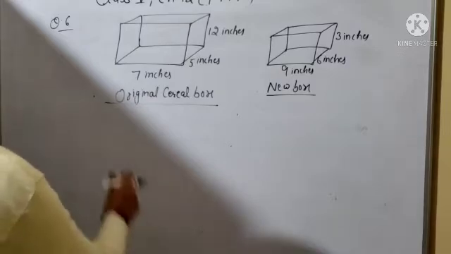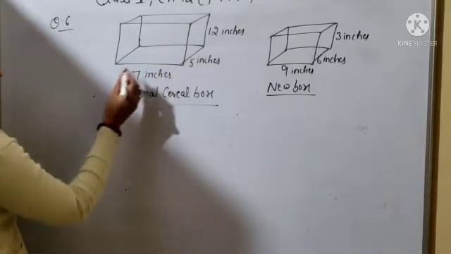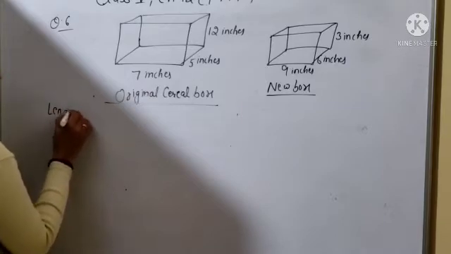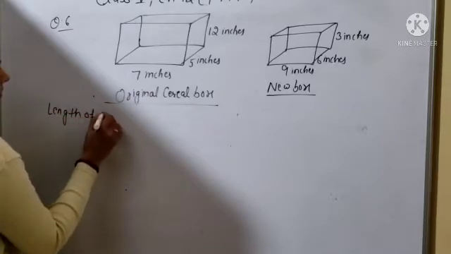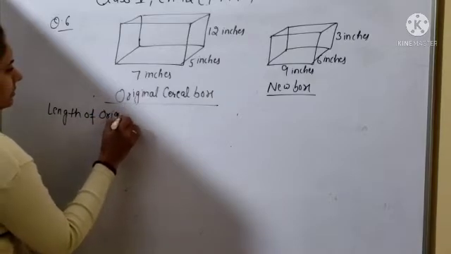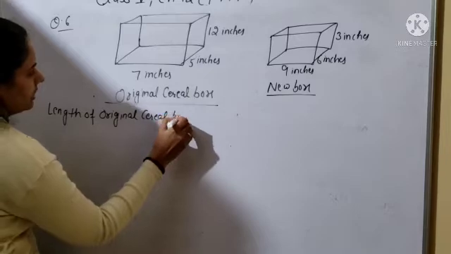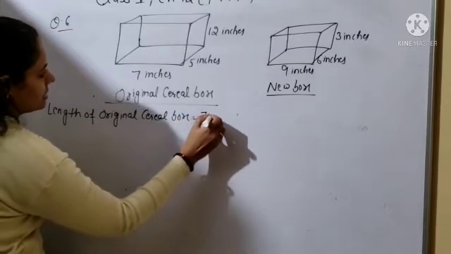Okay. So first of all, you will find out the volume of the original box. So length, simply you can write down, length of original cereal box is equal to 7 inches.